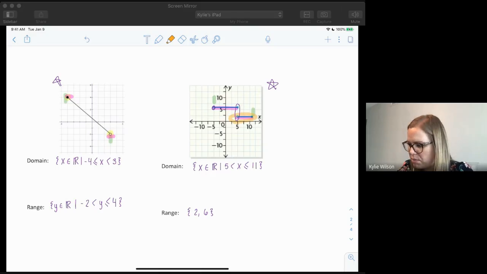So all of the points on the bottom line have a y value of 2, and all of the points on the line that's on top have a y value of 6. So y isn't a part of any interval. y just has 2 specific values that it can take. So how we write that is we simply put that my range is 2 and 6. It kind of seems silly and different than all the other ones, but that's just how we write the range for that.